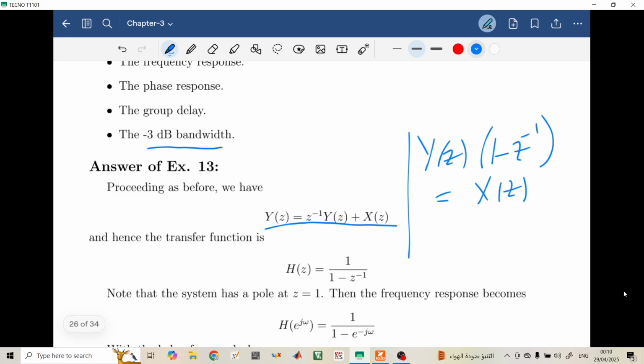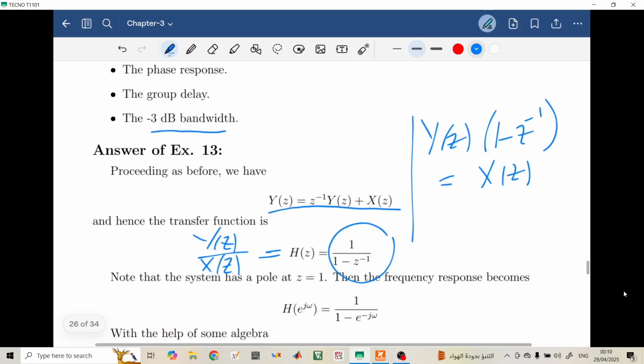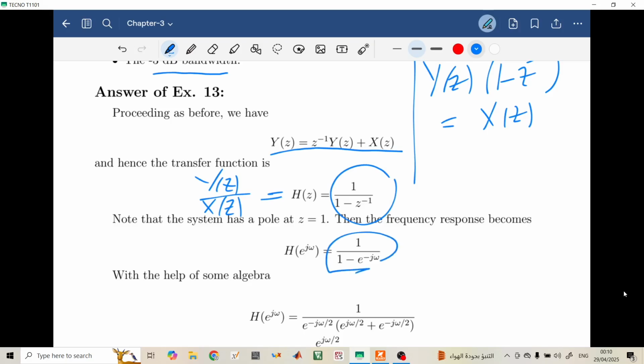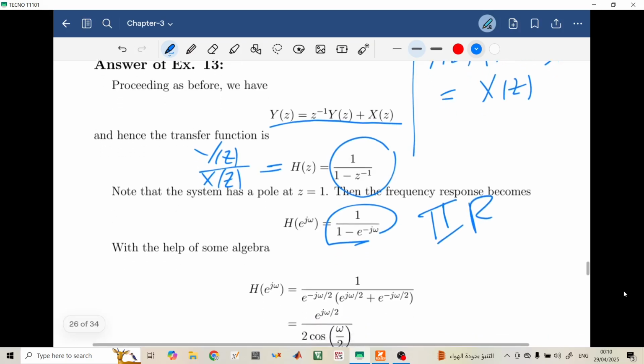So Y of Z over X of Z will equal 1 over 1 minus Z to the power minus 1. As for the frequency response, we substitute Z by exponential j omega. We get this term, right? So this is an IIR filter, right? Because it has a pole in the denominator.